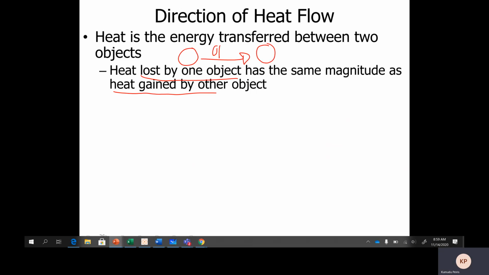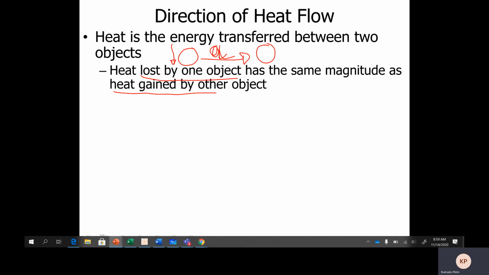Okay, if I say it is Q, one object is losing the heat and the other object is gaining the heat. If one object is losing the heat, what would happen to its temperature?